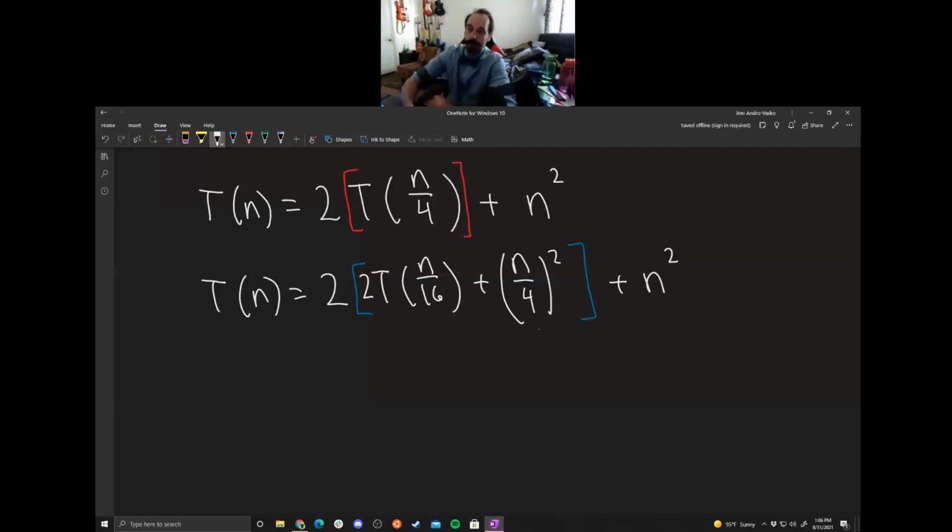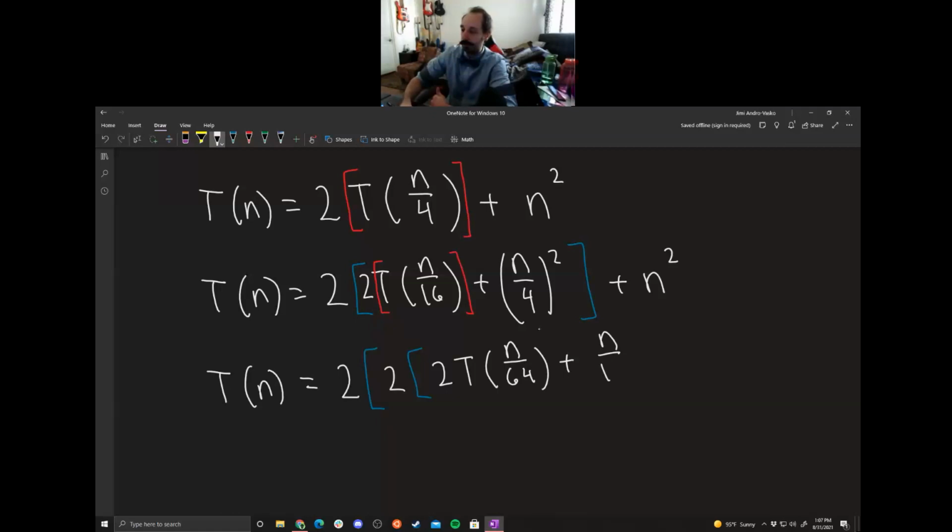So let's go ahead and expand this once more. You want to expand this portion because you want to keep on finding more patterns. So let's expand on this again and see if we can conclude something. We're going to have T of n equals 2 times 2, and then 2 again, T of n over 64 plus n over 16 squared.